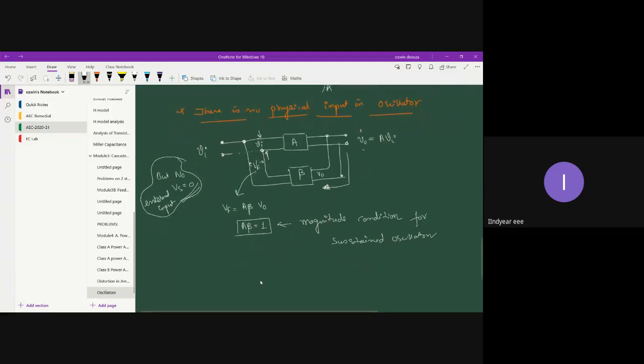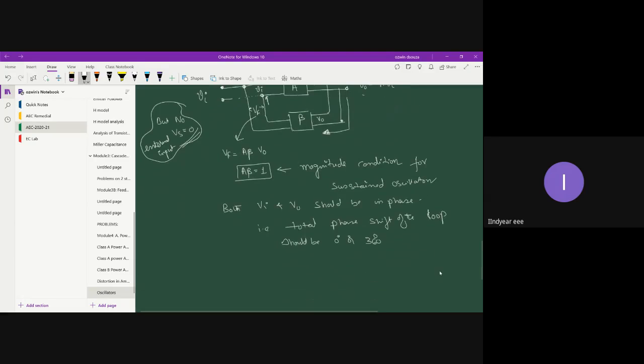And I told you in the beginning that both Vi and V naught should be in phase. That is, the total phase shift of the circuit, or the total phase shift of the loop, should be 0 degree or 360 degree.